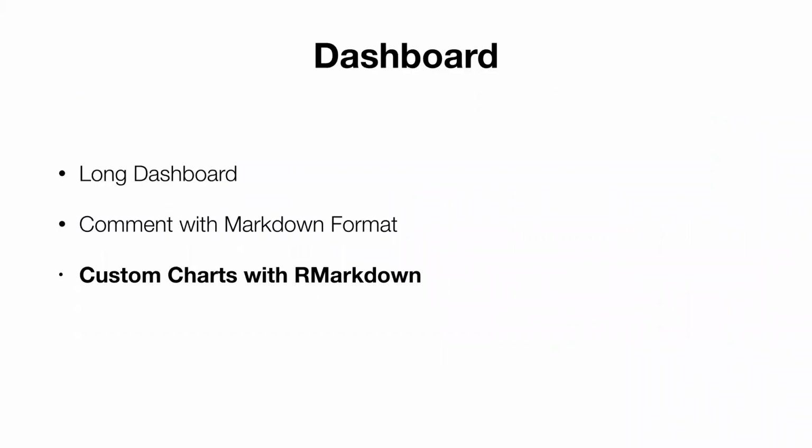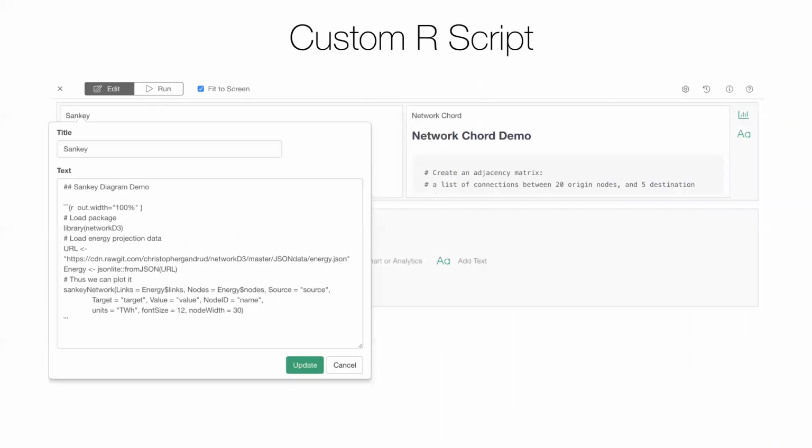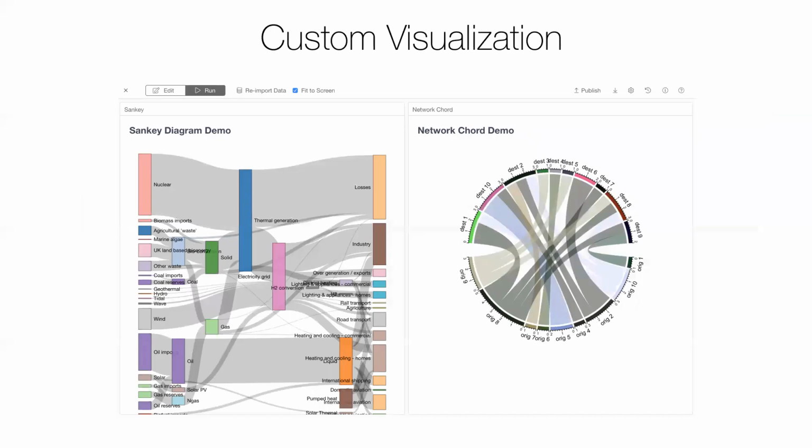That means this is actually not just regular Markdown. This is R Markdown, if you're familiar with R. R Markdown combines R and Markdown. So in the text, not just Markdown text, but you can also write R script. That means you can create custom visualizations with the data that you have in the same project. This is some of the demo.